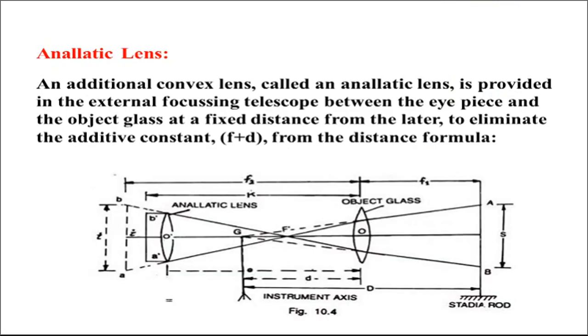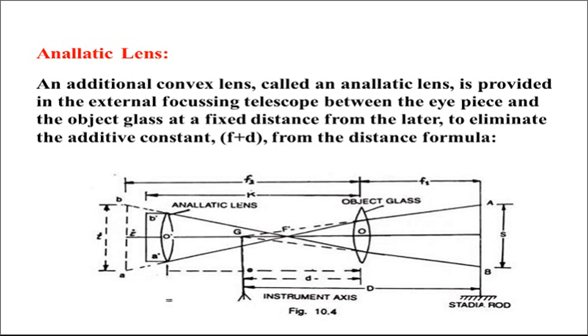The analytic lens is one of the important lenses which is provided in every internal focusing telescope, and due to that the value of the additive constant becomes 0. But it may or may not be provided in the external focusing telescope of a tachometer.